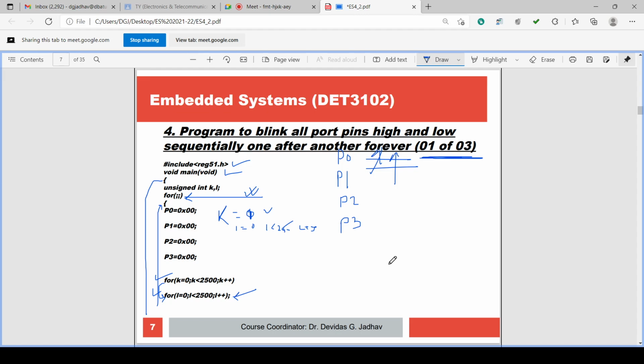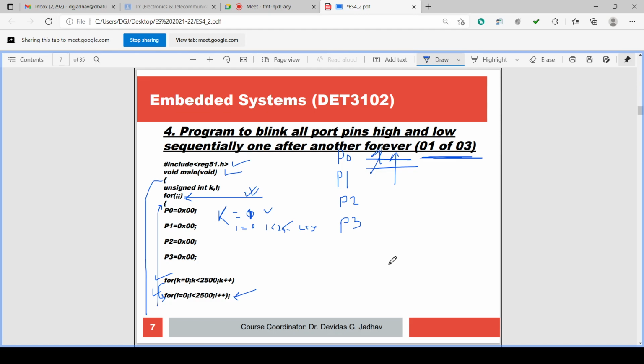All 32 pins are sequentially blinked. First, all the 4 ports are made 0. All the 32 pins are 0. Then only port P0 is made high. Then ports P0 and P1 are made high. Then ports P0, P1, P2 are made high. Then ports P0, P1, P2, P3, all 4 are made high. All 32 lines are made high.